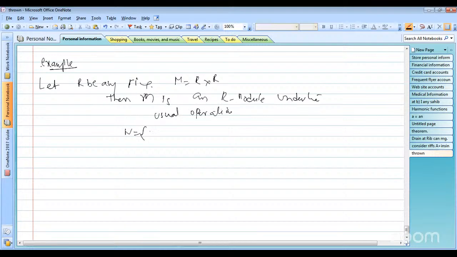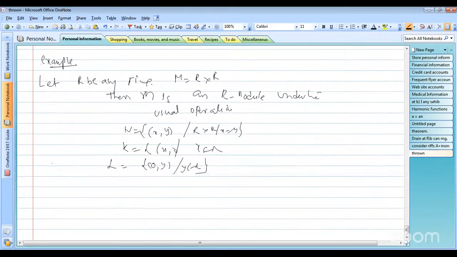M is equal to X comma Y, that is R into R. N is equal to X comma 0, X belongs to R. K is equal to 0 comma Y, Y belongs to R. Then any X comma Y belongs to R, and we are taking here X comma Y is equal to X comma 0 plus 0 comma Y.